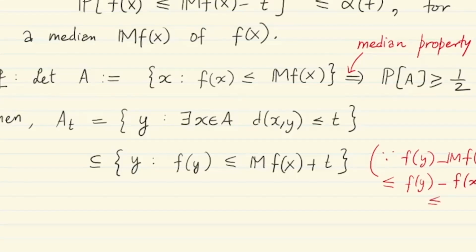And we know that f is Lipschitz, so this is upper bounded by d of x, y, and we know that d of x, y is upper bounded by t. So this is what gives us this inequality.